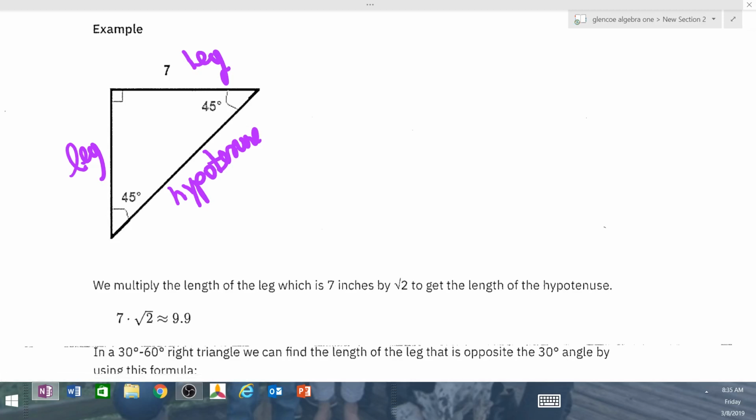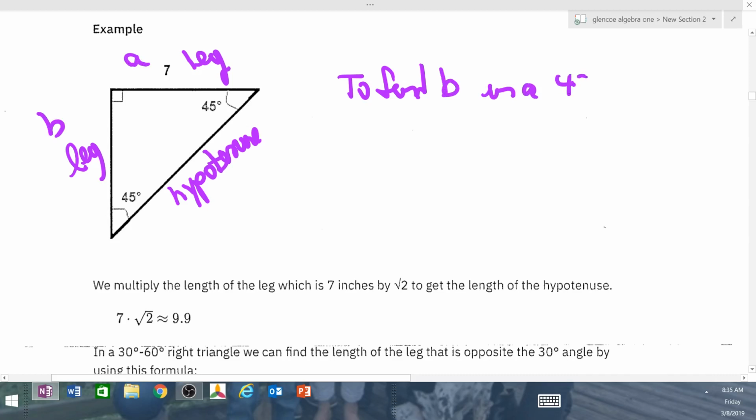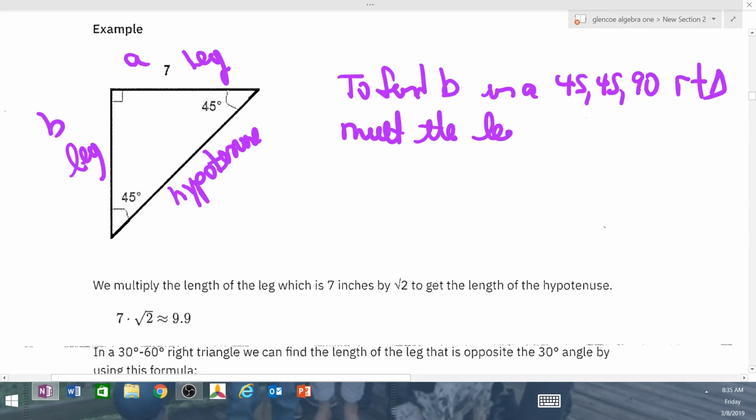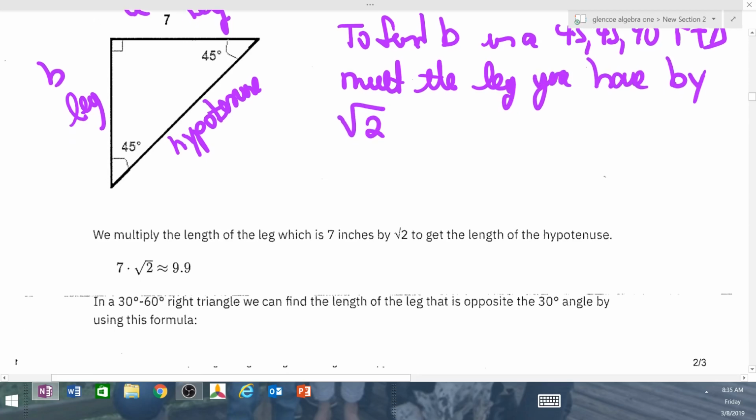So to find this side, let's just call this side A, and to find B in a 45-45-90 right triangle, multiply the leg you have by radical 2. And so that's exactly what we did here.